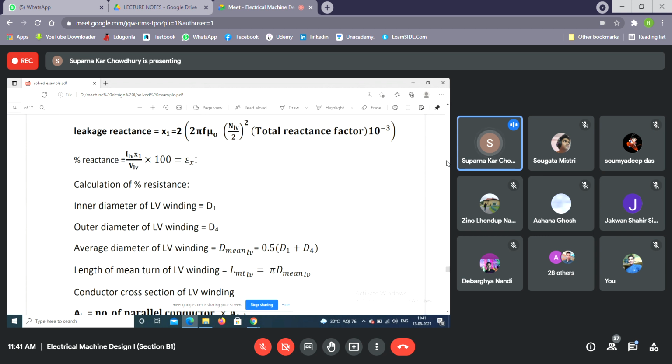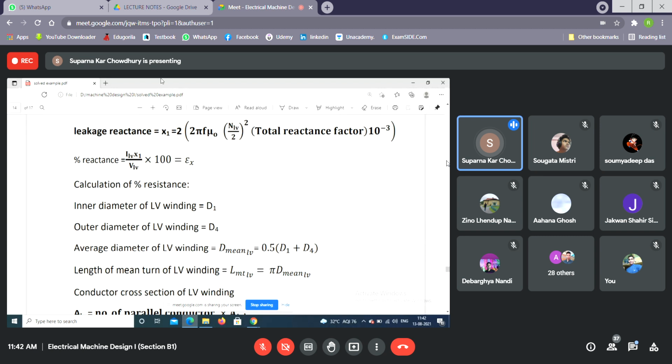If I have specified, say, impedance as 4%, then 10% of that means it should lie within 3.6 to 4.4. If it is specified at 5%, it should lie between 4.5 to 5.5, and so on, because this is a hand calculation and making the margin smaller than that will be difficult. So we will allow 10% error.